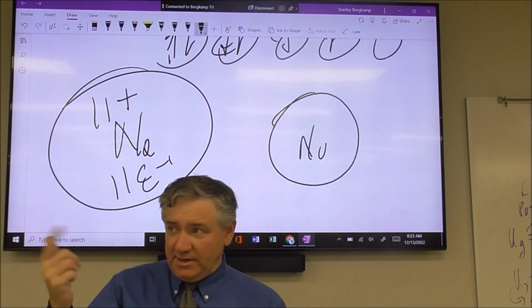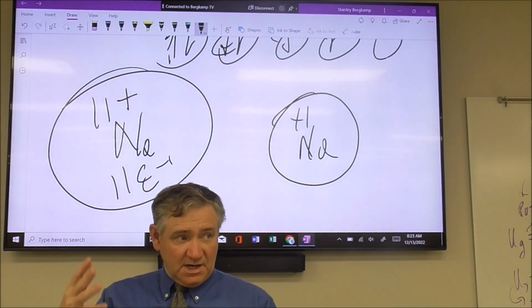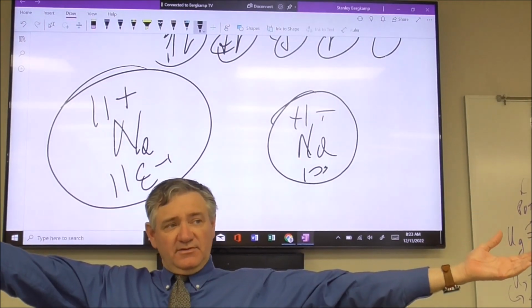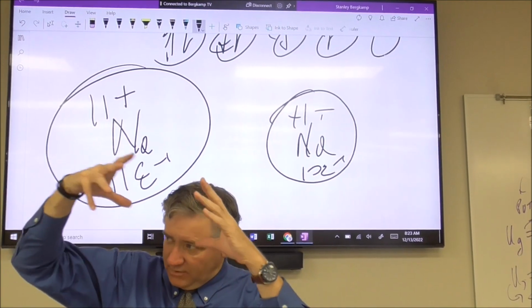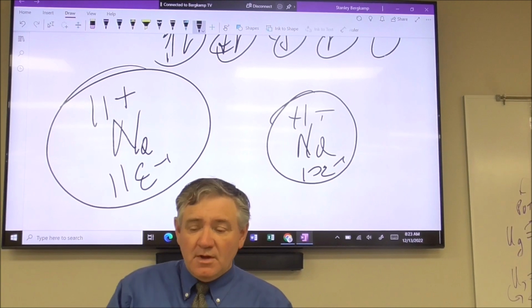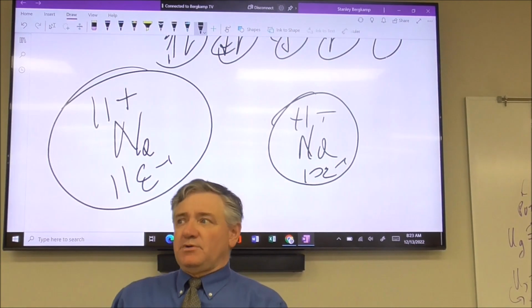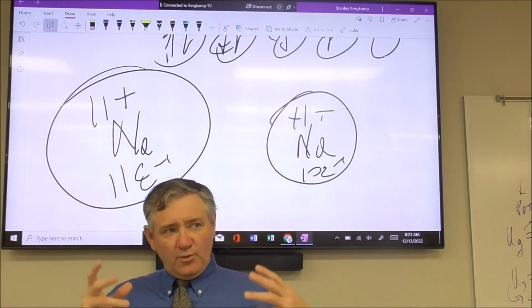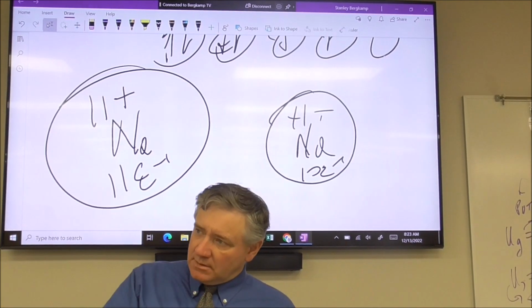So that atomic radius is smaller when it forms an ion for 2 reasons. Number one, you lost the outside layer of the onion. So now that's gone. The other thing is that now you have 11 protons pulling on 10 electrons, so there's more of an attractive force on each electron.